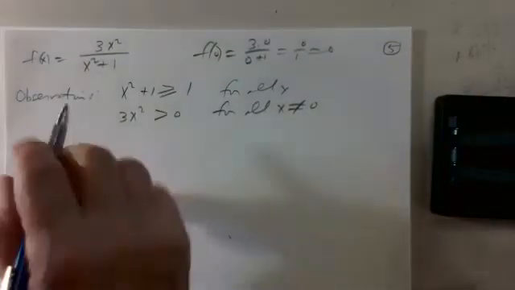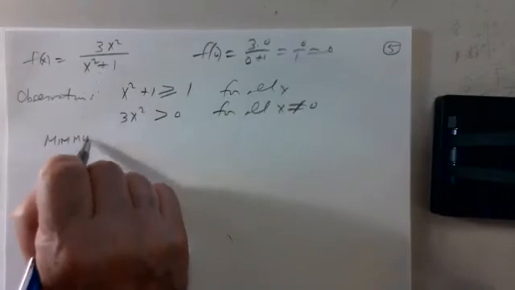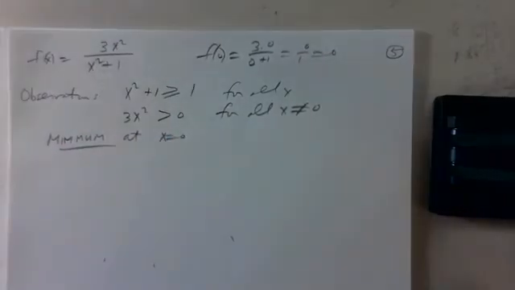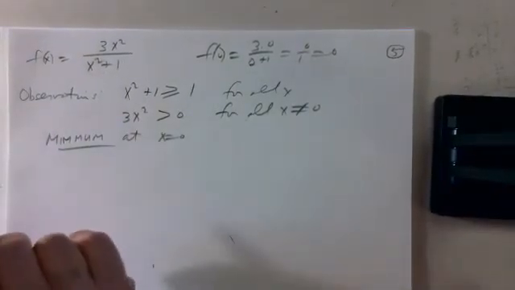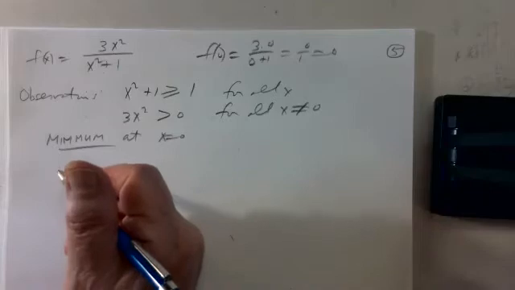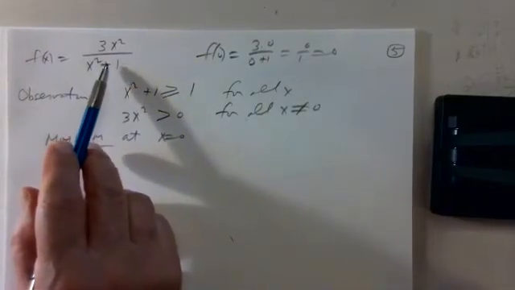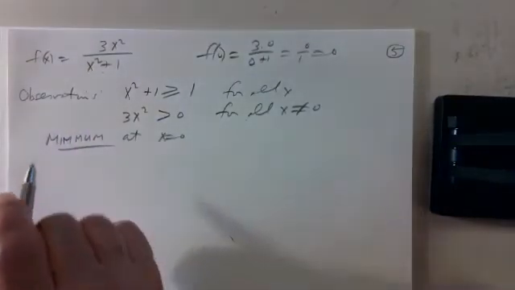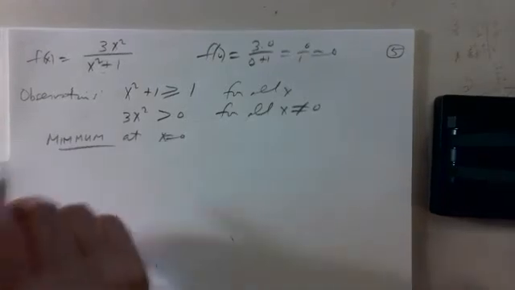So without even using a derivative, we see we have a minimum at x equals 0. And if we numerically compute this function for large values of x, we'll see it has a certain kind of limiting behavior. If we use Maple and graph the function, we'll see it has a limiting behavior.